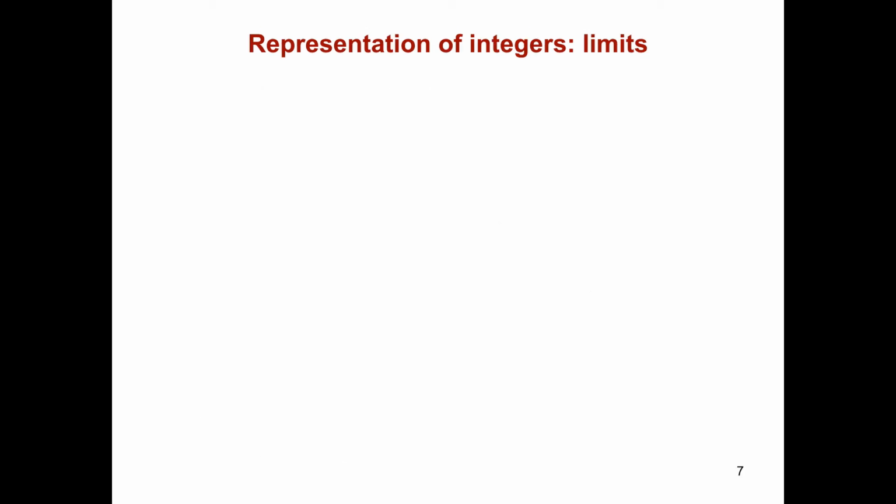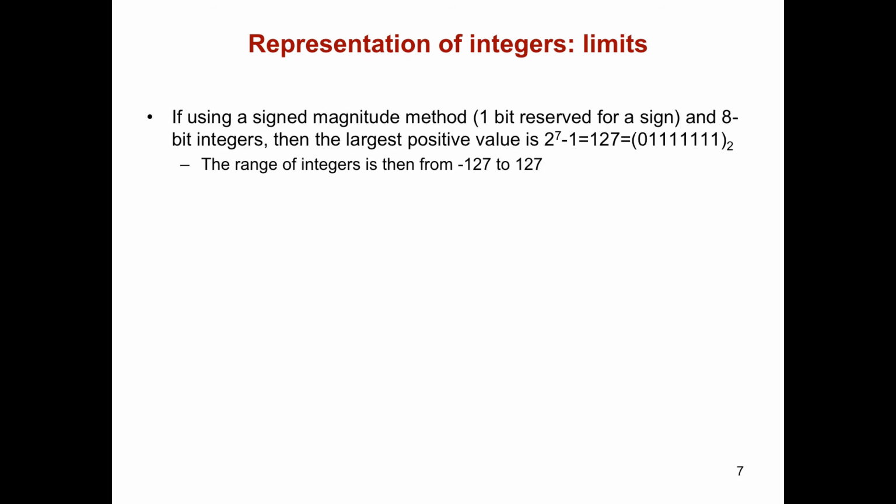Okay. Now what are the limits here? So if I had just 1 byte of data, and I reserve 1 bit for a sign, the other 7 bits I can fill in with 1s to have the largest number. These correspond to the powers 2 to the 0, 2 to the 1, 2 to the 2, up to 2 to the 6.